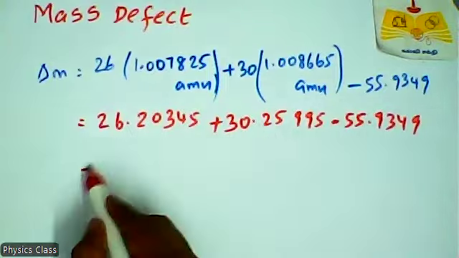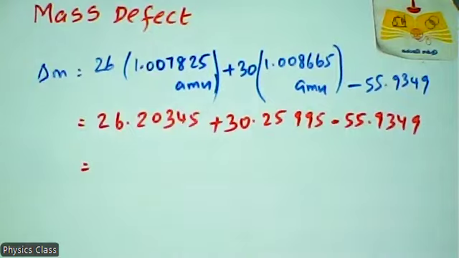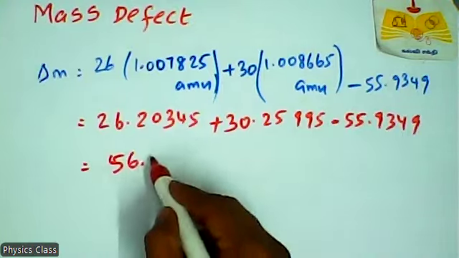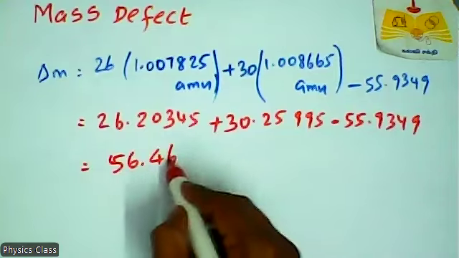Add those values, 26.20345 and 30.25995, which gives 56.4634.